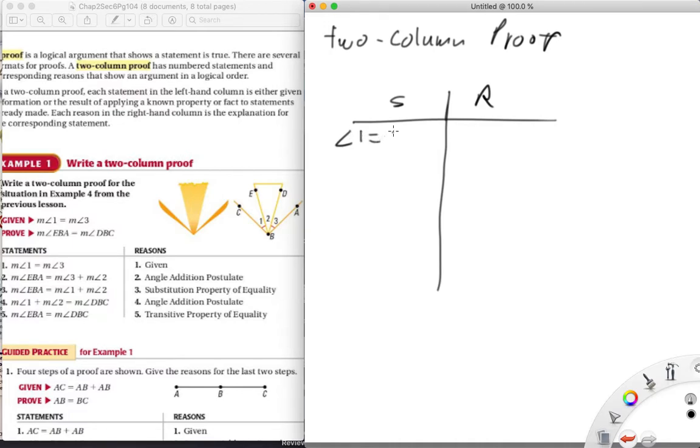Step 1: angle 1 is equal to angle 3. Why? Because it's given to us in the problem. Our first one is always going to be given.